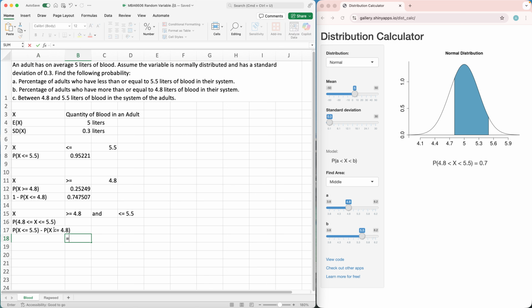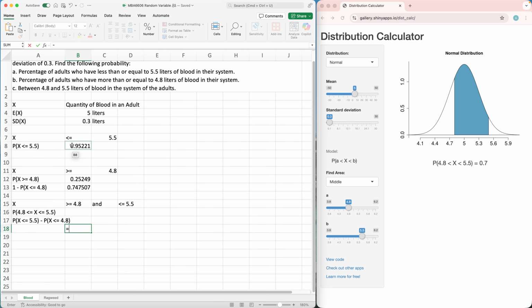So what is the probability of less than or equal to 5.5? 0.95221 minus the probability of less than or equal to 4.8, which is 0.2528, which gives 0.69972. Actually, I should have represented this differently.